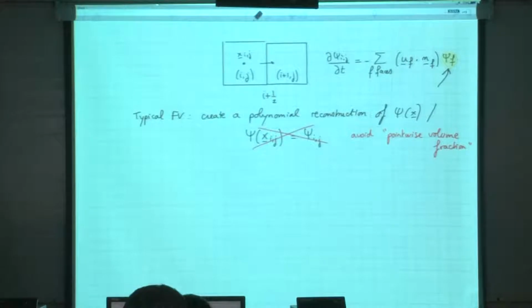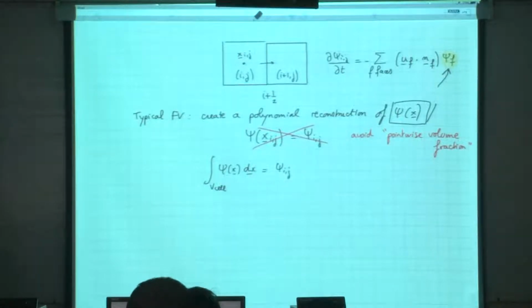We need to find a polynomial construction psi of x such that the integral over the cell of psi of x dx is equal to our psi at cell ij. So you fit a polynomial such that its integral matches your known volume fractions.